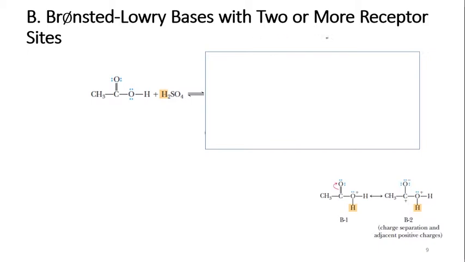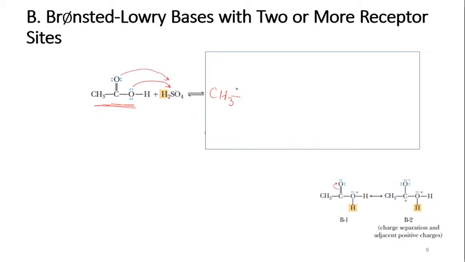Now what happens if I have more than one acceptor site on my molecule? If I have something like acetic acid, I have this oxygen which can accept the proton, and this one which can accept the proton as well. So if I draw it, one of those charges can move here, and I will assume the other one moves here.